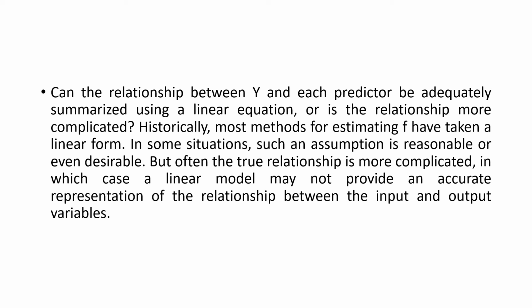Historically, most methods for estimating f have taken a linear form. In some situations, such an assumption is reasonable or even desirable, but often the true relationship is more complicated, in which case a linear model may not provide an accurate representation of the relationship between the input and output variables.